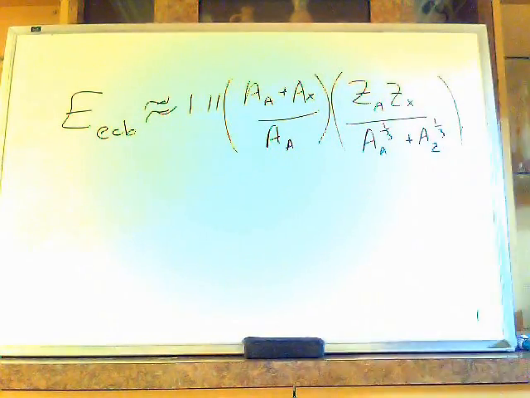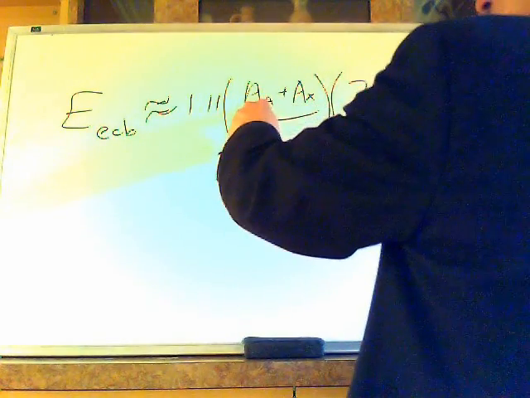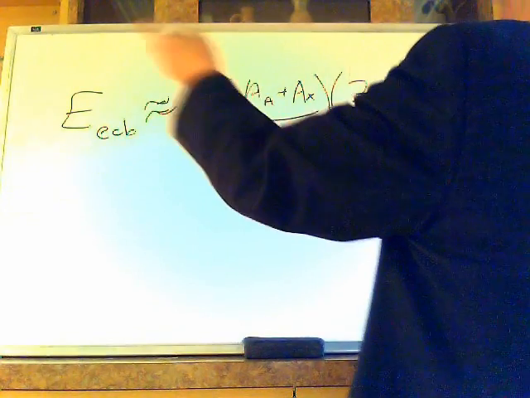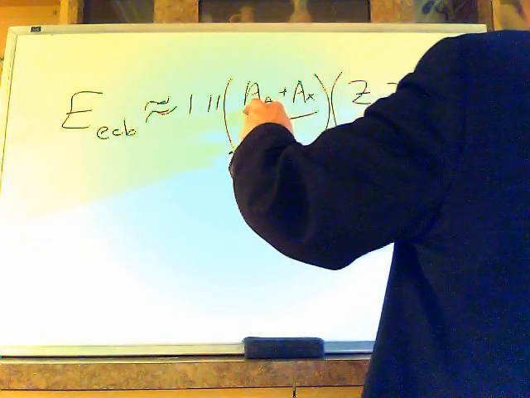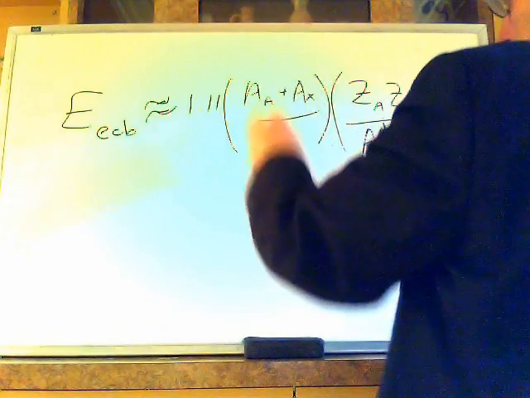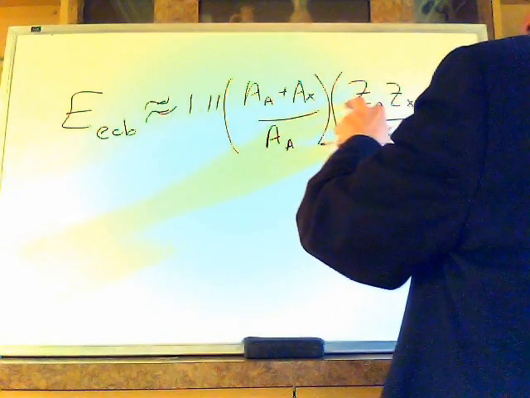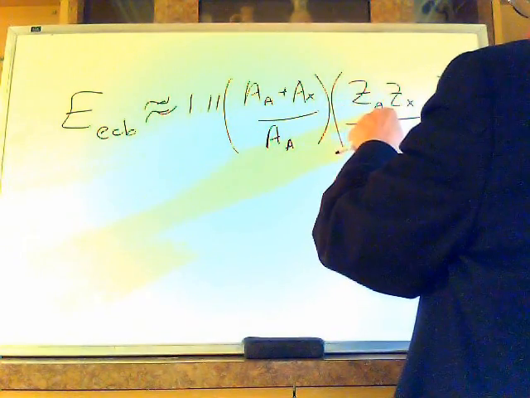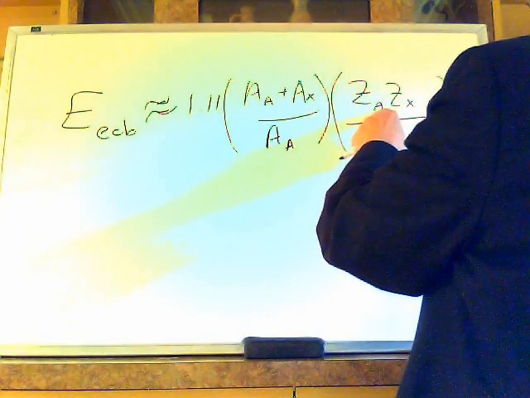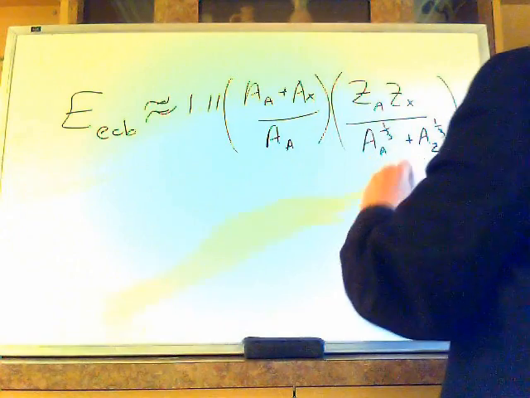And if you look at all the terms in here, this is the atomic mass again of, for our particular reaction, the starting material, the nitrogen. This was the projectile. Z are the atomic numbers for nitrogen and the projectile. So this is 7. For the projectile, it's 2. So this will give us 14 on the top.